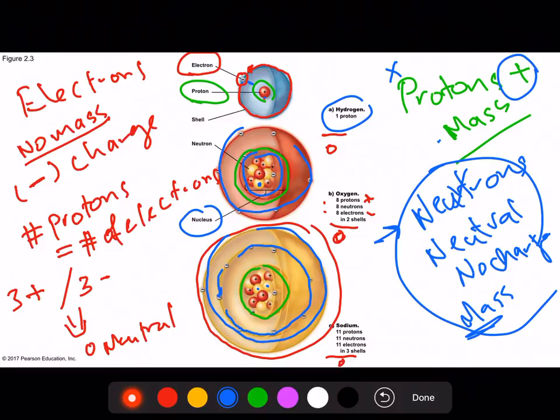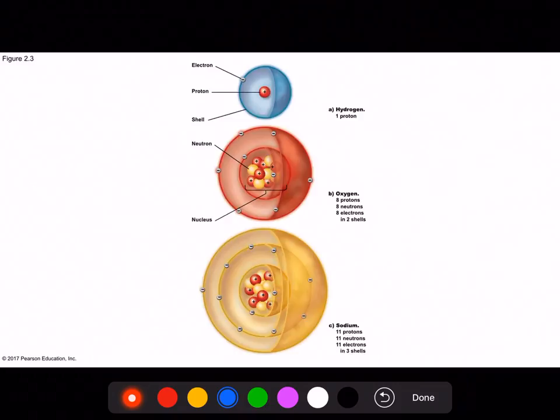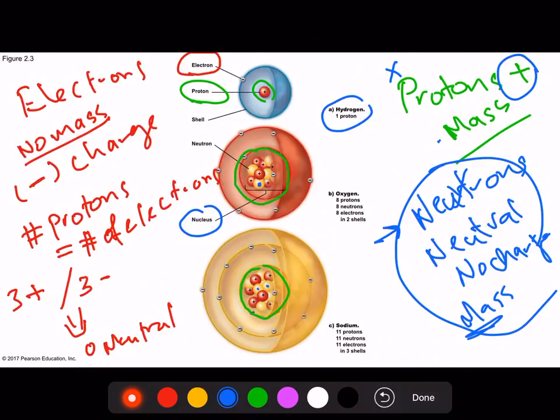The other thing, notice, as you can see here, there are layers of electrons. There is one electron here.